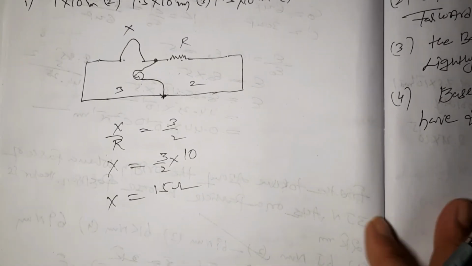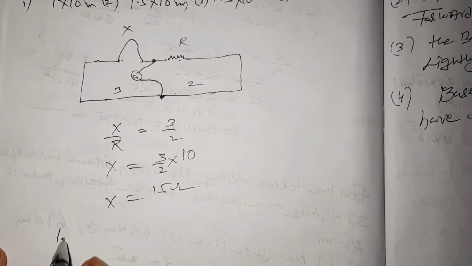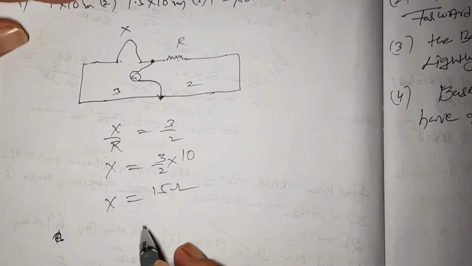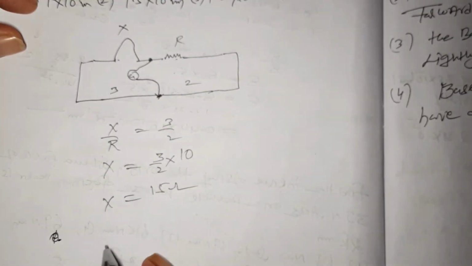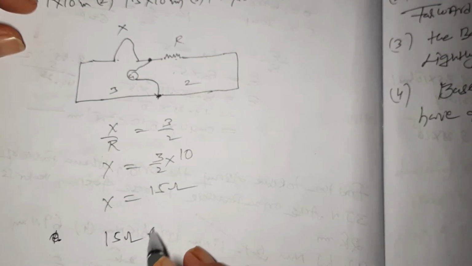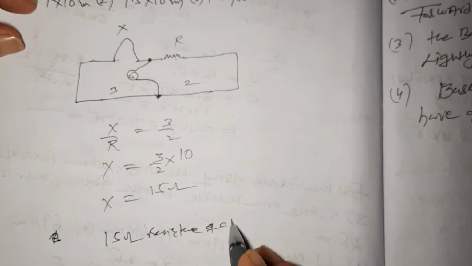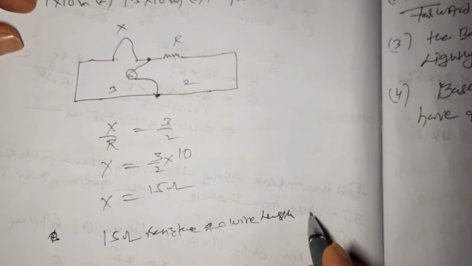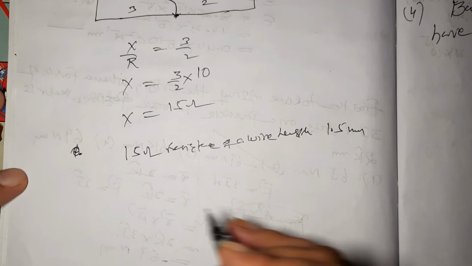Okay, 15 ohms. Here the length of the resistance wire is 1.5 meters. The length of the 1 ohm resistance, that means here 15 ohms resistance of a wire length is 1.5 meters.